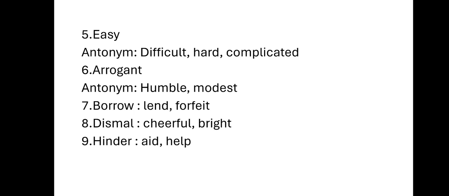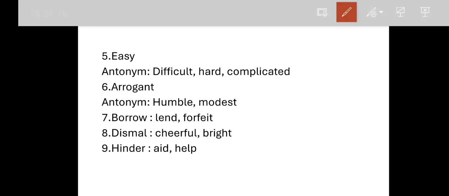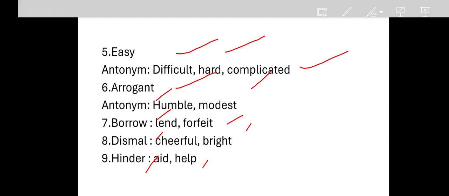Easy. Antonyms are difficult, hard, complicated. Arrogant means humble or modest. The meaning of arrogant is durankari. Borrow means lend, forfeit. Dismal means cheerful, bright. Hinder means aid, help.